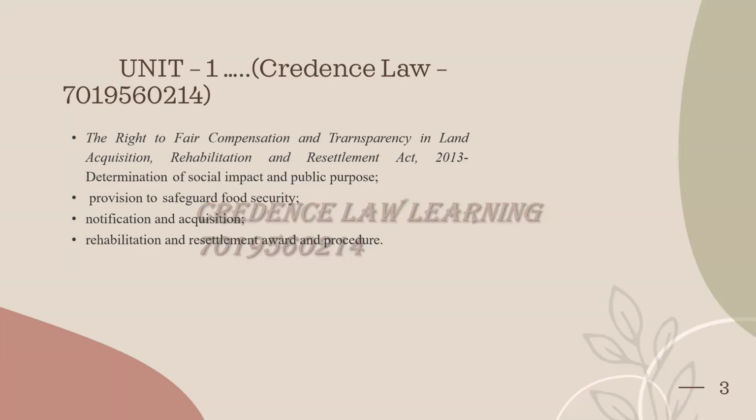Chapter 2, sections 4 to 9, is social impact assessment; chapter 3 deals with food security, which is important for a short note; and notification and acquisition is the process, the procedure. This is the first unit of the syllabus.